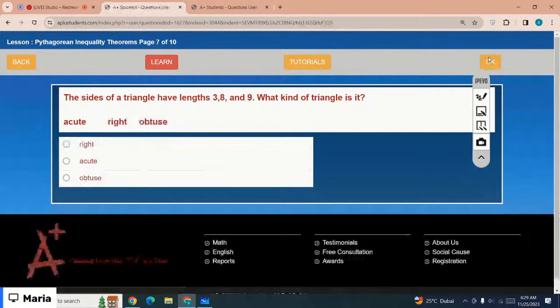Okay, the sides of a triangle are 3, 8, and 9. What kind of triangle is it? Yes, that is an obtuse triangle.